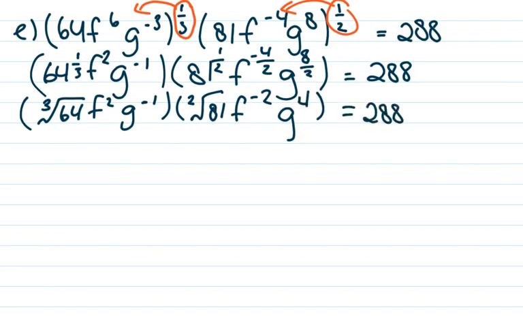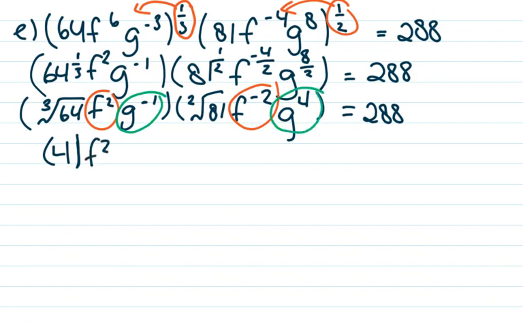The cubed root of 64 is 4. And then I can add the exponents on the f's together because I'm multiplying, and I can add the exponents on the g's together because I'm multiplying. So f to the power of 2 plus negative 2, and g to the power of negative 1 plus 4. And then all we have left is the square root of 81, which is 9.